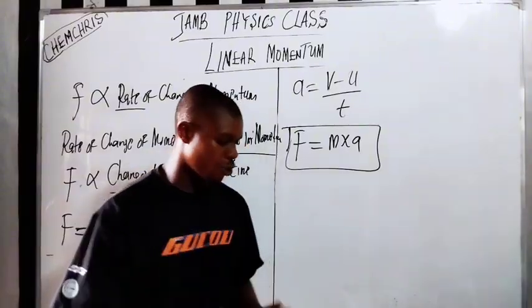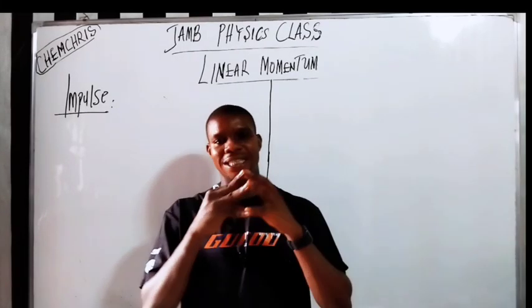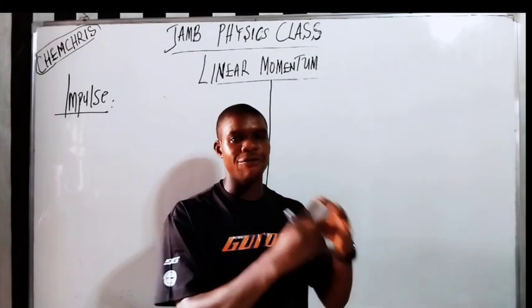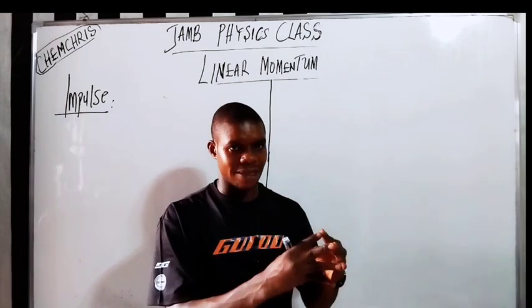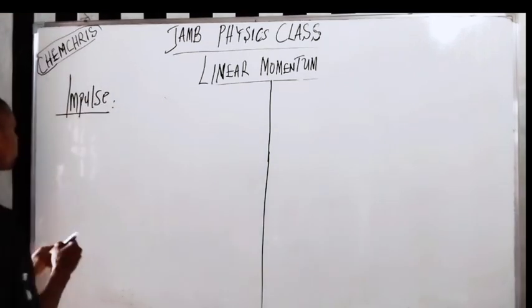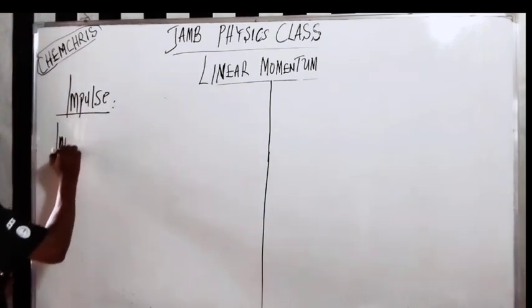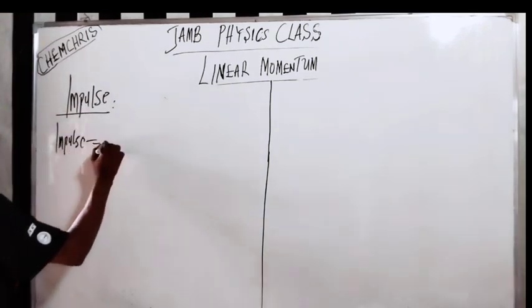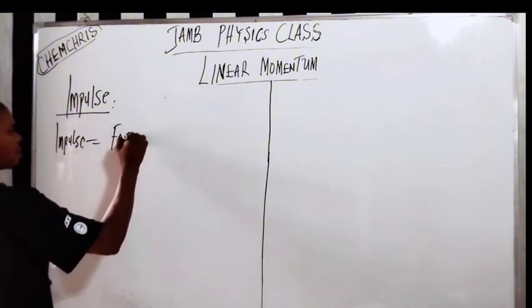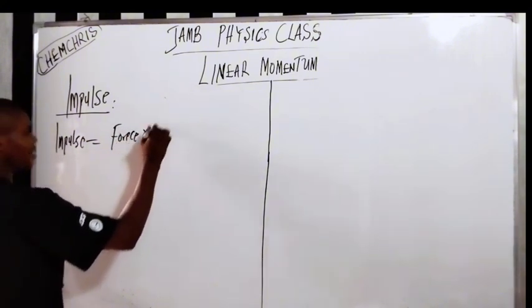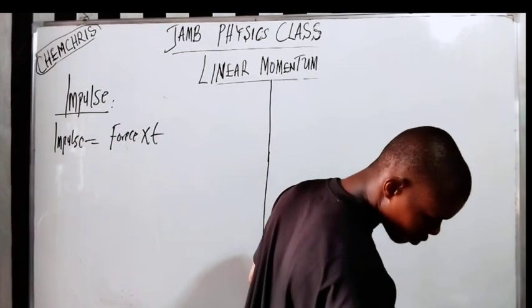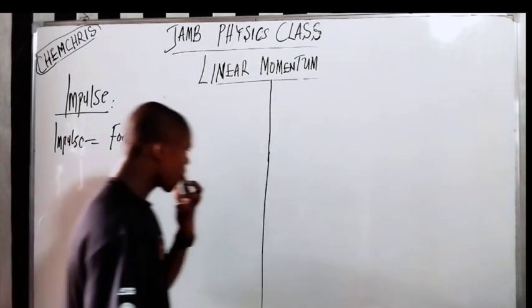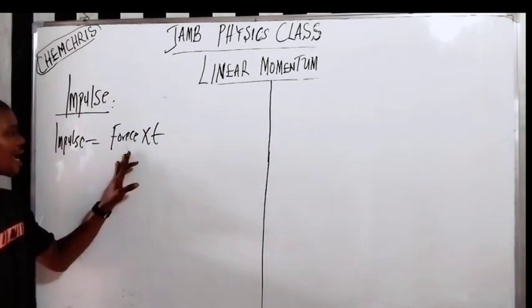What do you understand by impulse? Impulse is defined as the product of force and the time during which it acts on the object. Again, when we talk about impulse, it is force times time. Force times time.